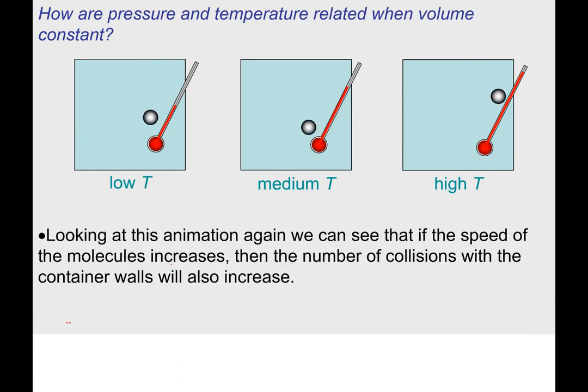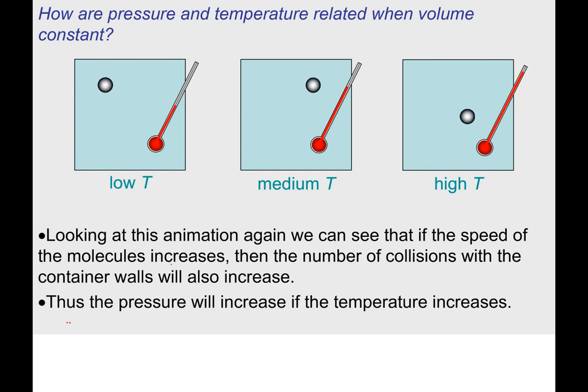Well, if you think about it, the number of collisions per unit time that the boxes are experiencing vary greatly. The one on the left is experiencing very few collisions per unit time as compared to the one on the right, where there are a lot of collisions per unit time on the walls of the box. So in other words, the walls of the box on the right are feeling greater forces and therefore a greater pressure than the walls in the box on the left.